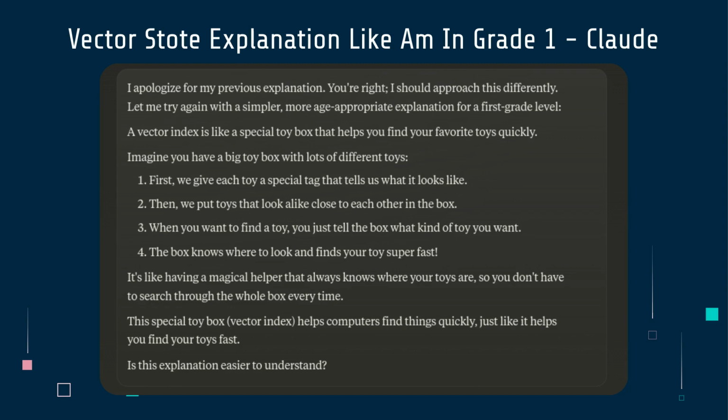This special toy box, the vector index, helps computers find things very quickly, just like it helps you find your toy. It's just a way of storing information within computer systems so that it can be searched or queried very quickly.